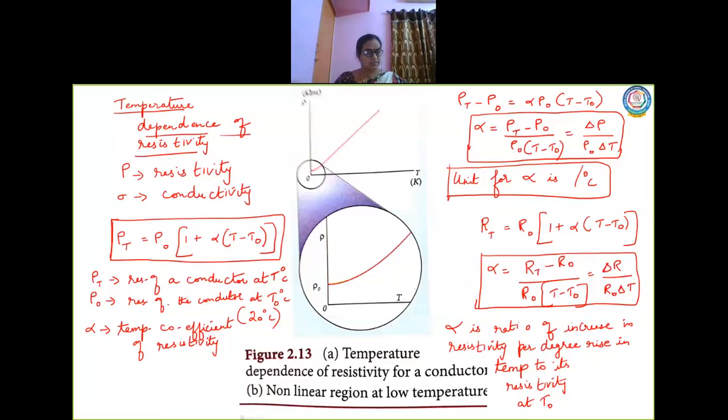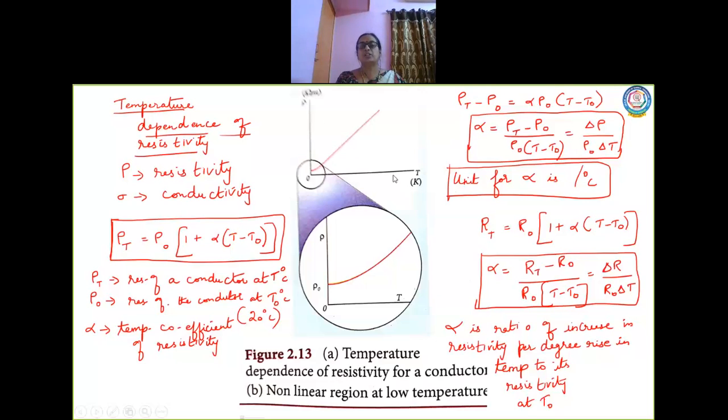Now in the case of conductors, what happens? The value of alpha is said to be positive. That is, when you increase the temperature of a conductor, what happens to the kinetic energy of the electrons that are moving in the conductor? Their kinetic energy will increase, and the resistivity of the conductor increases, which is represented by a graph here. Now this is a linear variation. T is along the x-axis and resistivity is drawn along the y-axis.